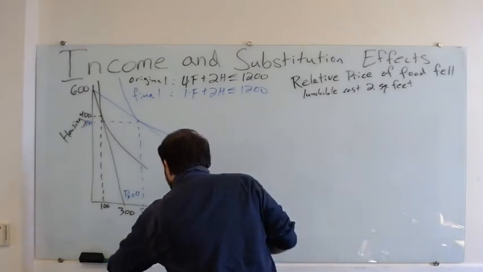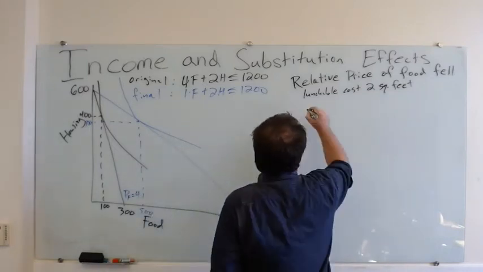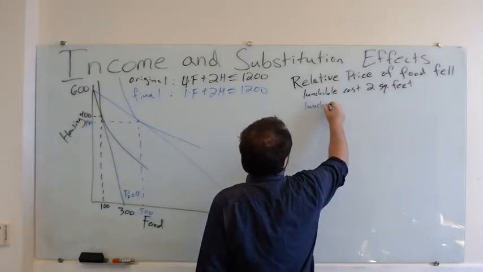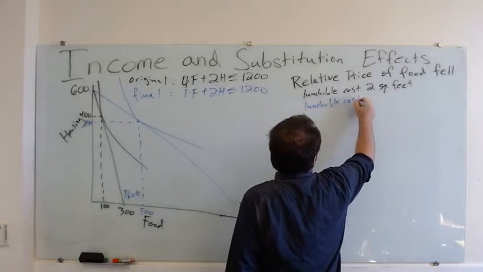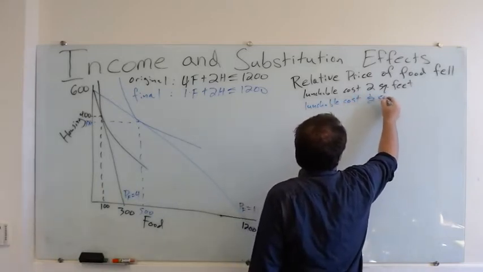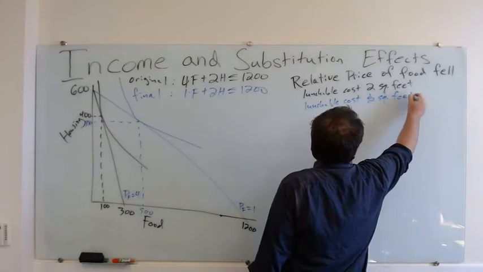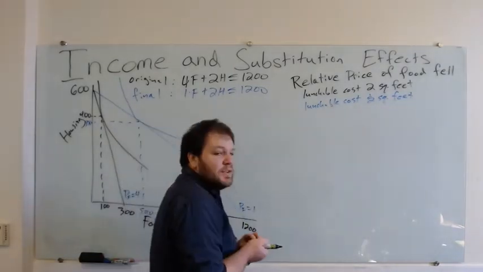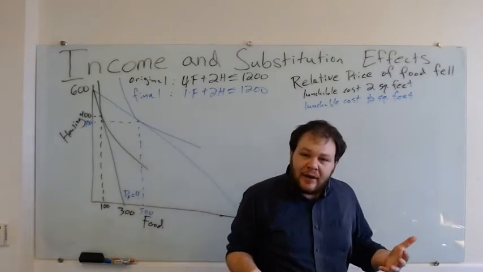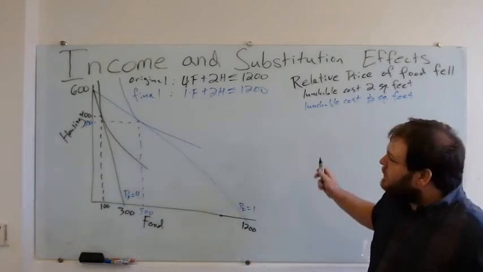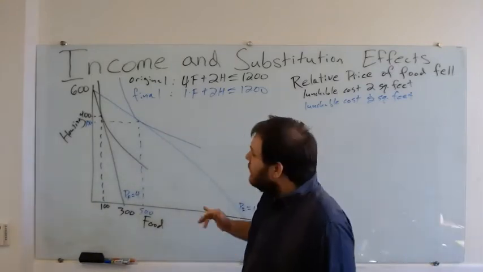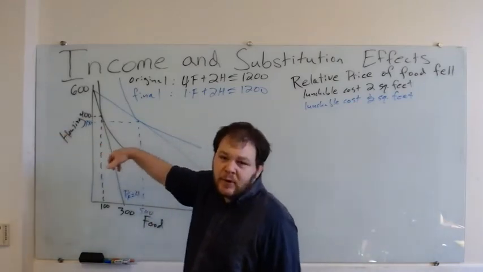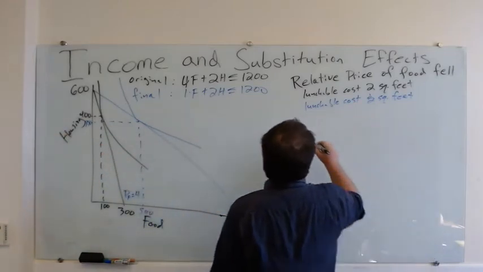After the price change, a Lunchable only cost half a square foot of housing. So what we might expect is, when you see a decrease in the relative price of a good, right, something gets cheaper, you're going to shift your consumption away from whatever got expensive towards whatever got cheaper.